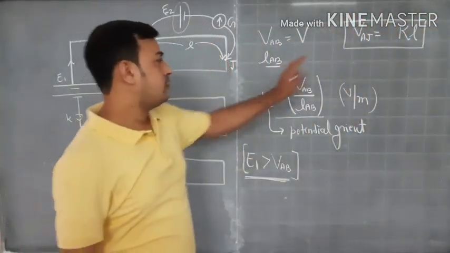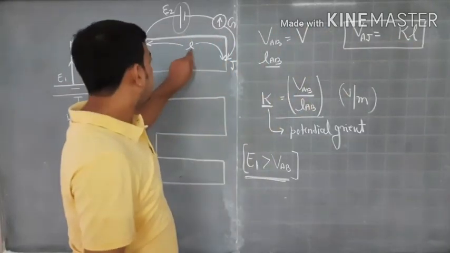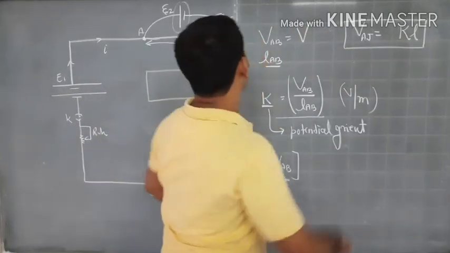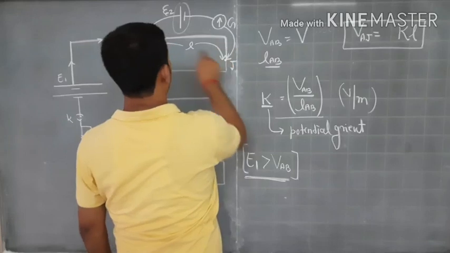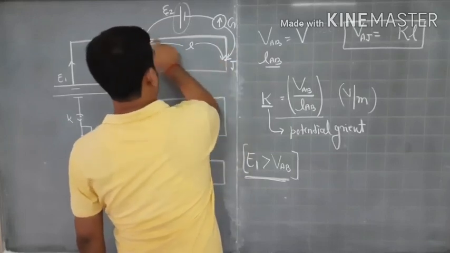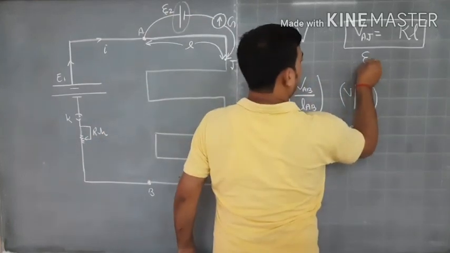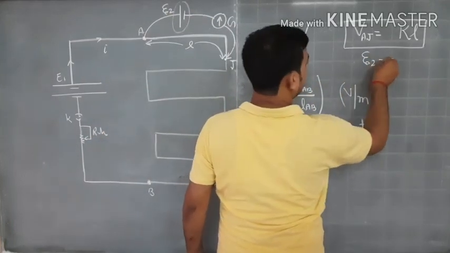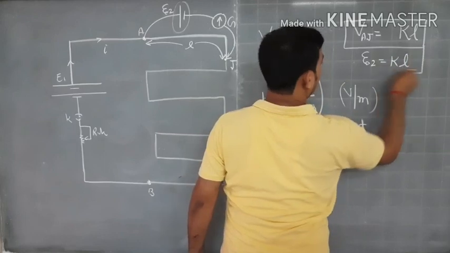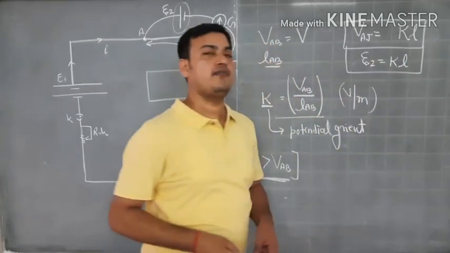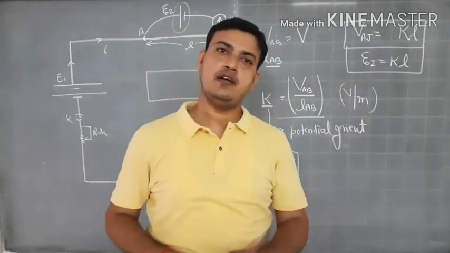So if you know K and the balancing length, you can easily find the potential drop across that part of the wire, and that must be equal to the EMF of the unknown battery. So I can write E2 equals KL, and in this way we can find the EMF of the unknown battery.